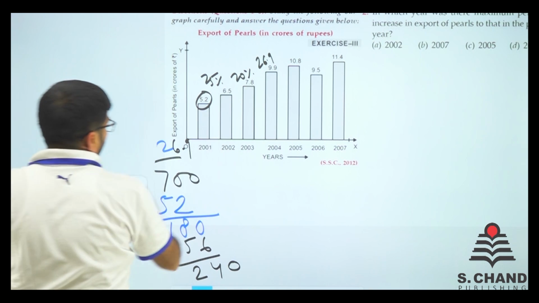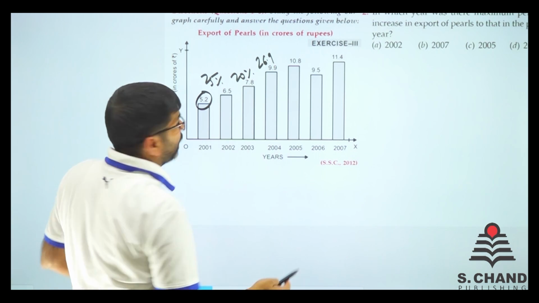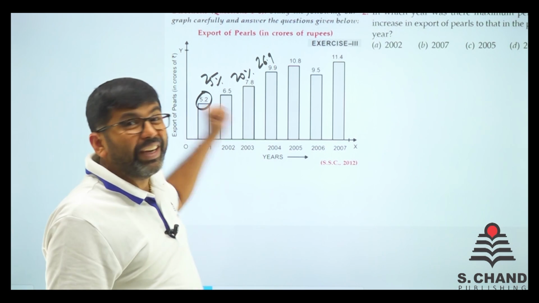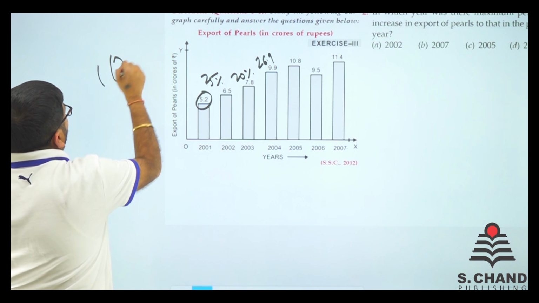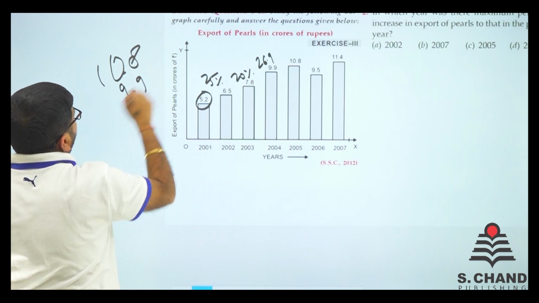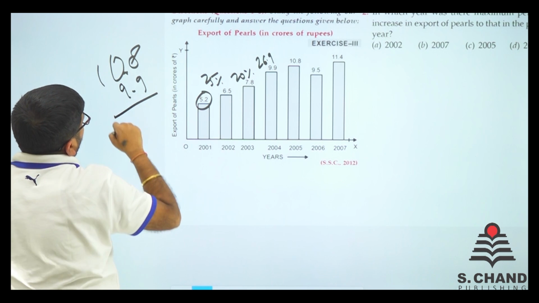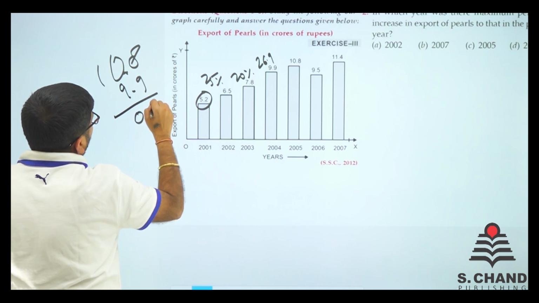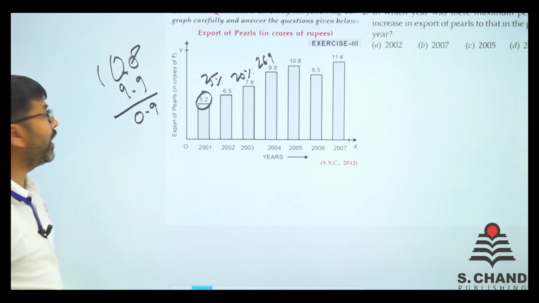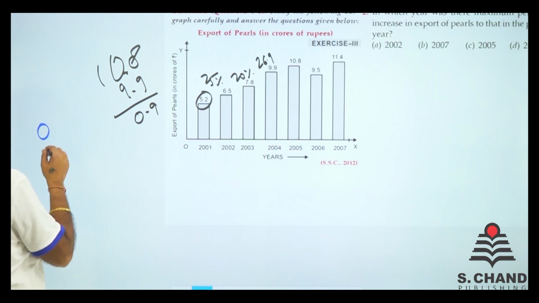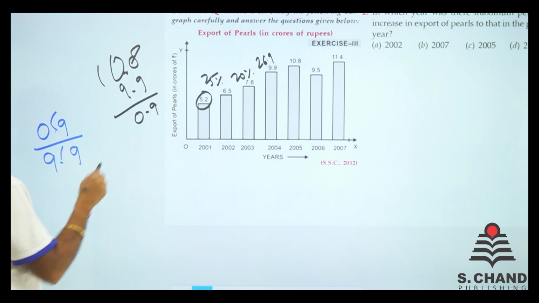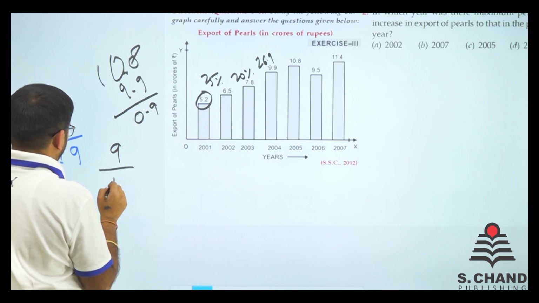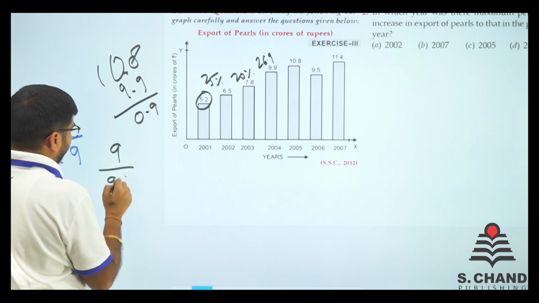Let's calculate the next two more. And that is the only way you can do. You need to calculate all of them. So 10.8, 9.9. So it is like 1.8 minus 9. So it is like 0.9 only. 0.9. So 0.9 divided by 9.9. So it is like 9 by 99.